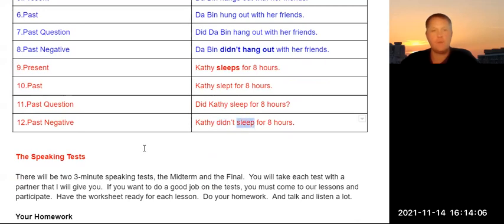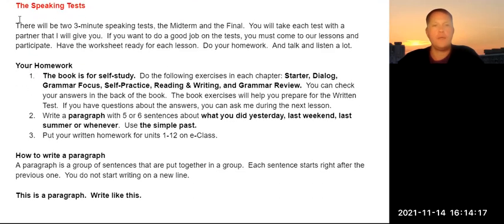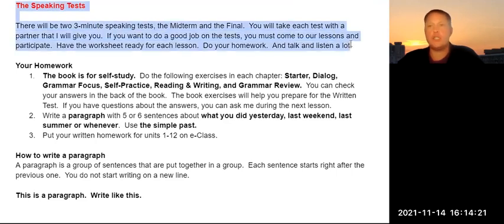not the main verb sleep. So now that we've practiced the grammar, you can go back and practice the conversation part again, alone or with a partner. Okay? And all of this conversation practice using the system will help you prepare for the speaking tests.